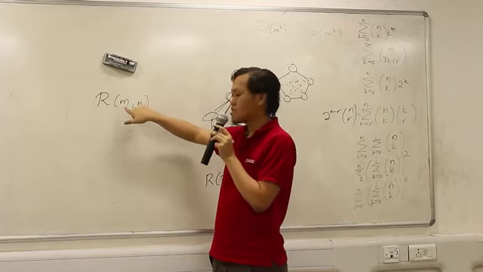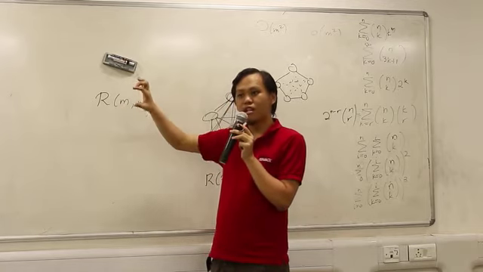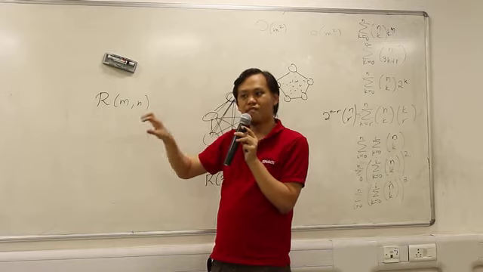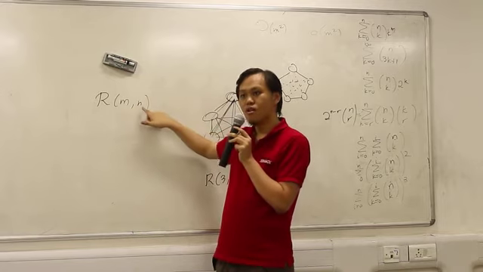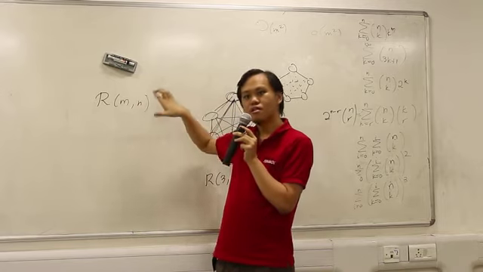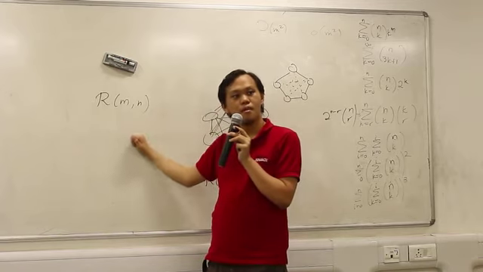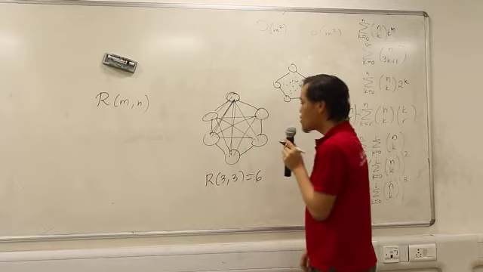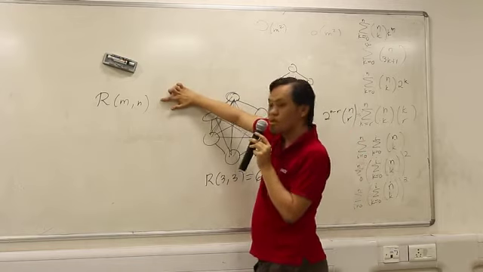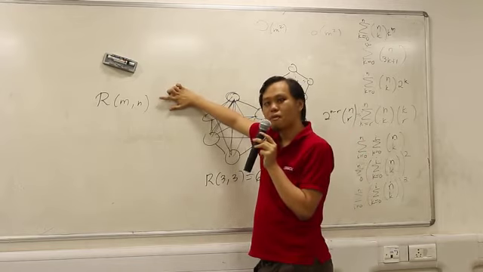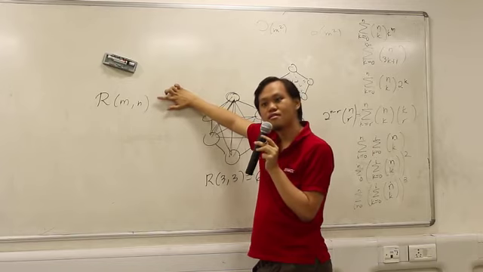What that means is a set of m nodes and all the edges between them have a red color, or a set of n nodes and all of the edges in them have a color blue. Okay? So we won't try to compute this number exactly, but we can show that it is finite, okay?